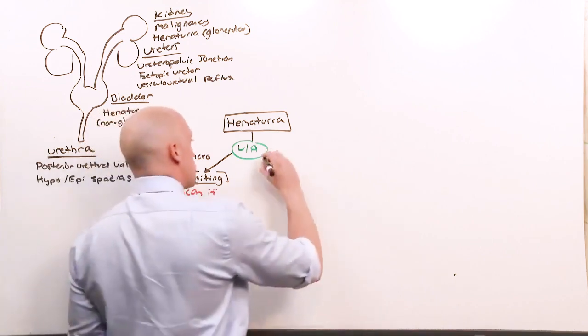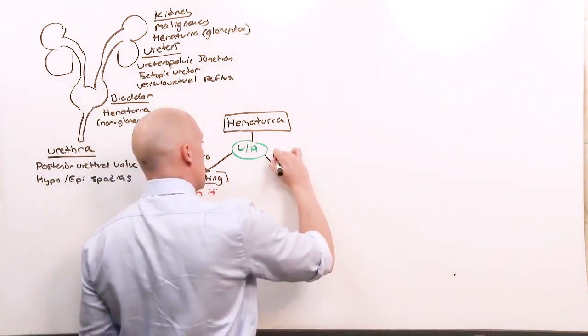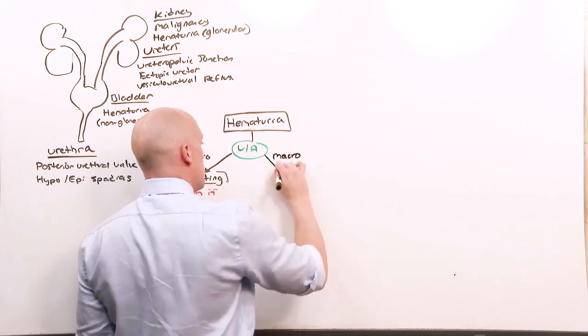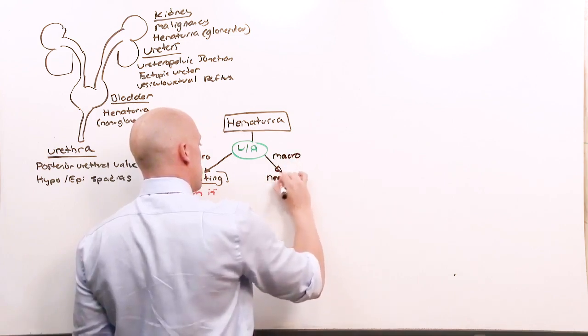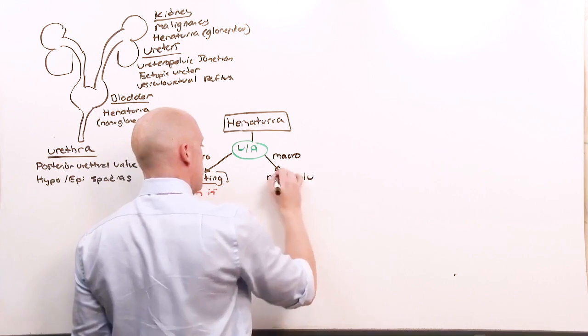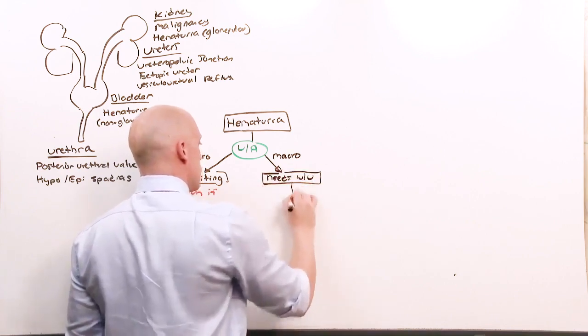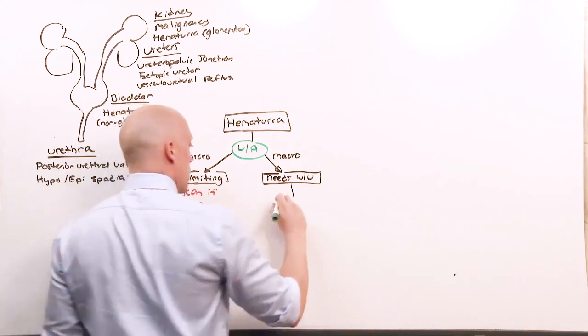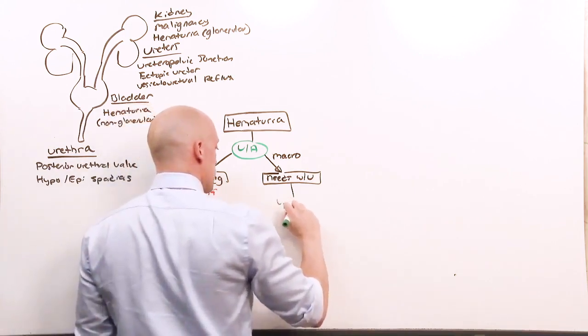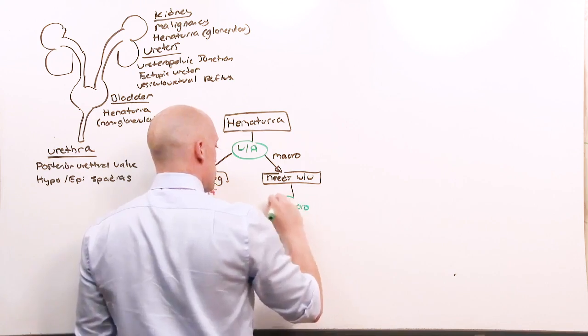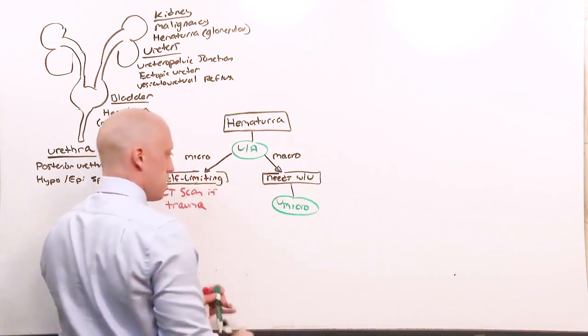On the other hand, if there's frank hematuria, that is macro, then you need more investigation. And you're going to look at the urine micro to help you. Because what you're going to find is one of three things.